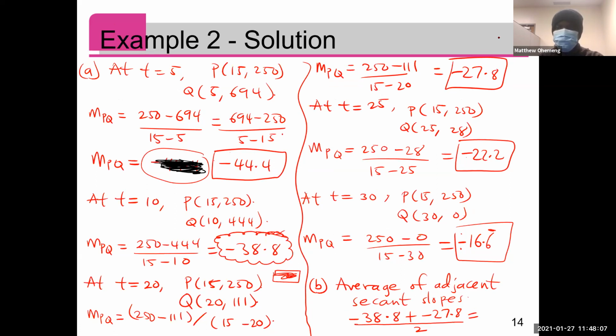Can anyone please help me with that? Anyone got that one? Because of time, sometimes I may have to come in and do these things. Okay, negative 38.8 minus 27.8, all divided by 2. So that's negative 33.3. Are you okay with that? So that's final. That's how you get it. This will be an estimate of our slope of the tangent line at that point, at time 15, so the average of adjacent secant slopes.